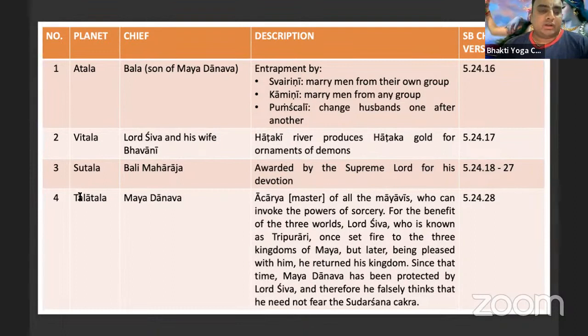Then the fourth one is Talatala, where Maya Danava is the chief. He's the Acharya of all the Mayavis who can invoke the powers of sorcery. Lord Shiva destroyed the three kingdoms of Maya Danava, so Shiva is also known as Tripurari.